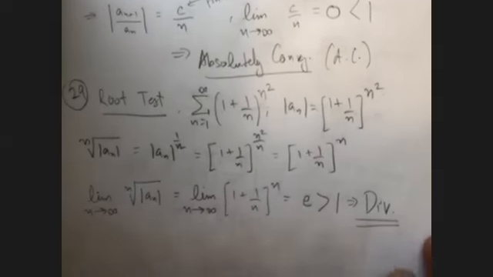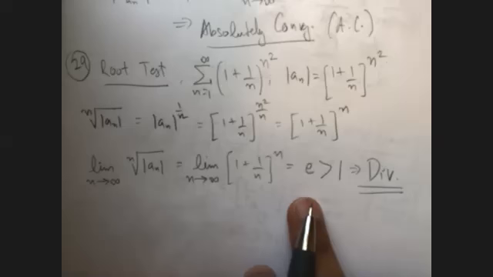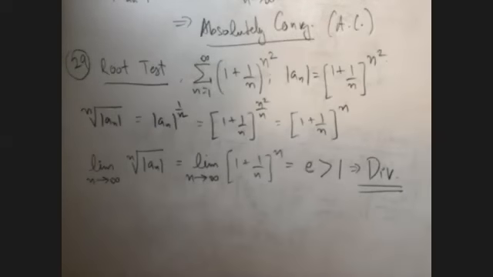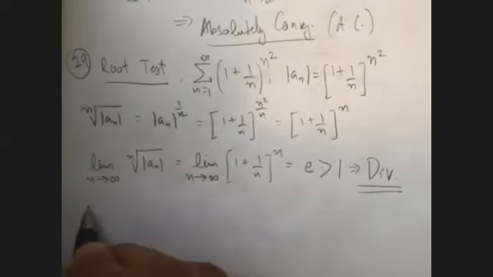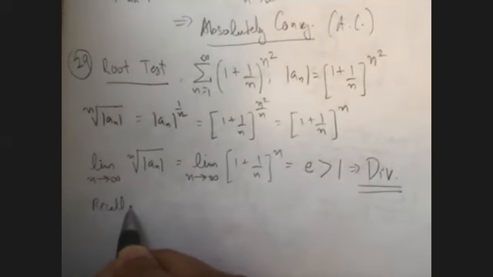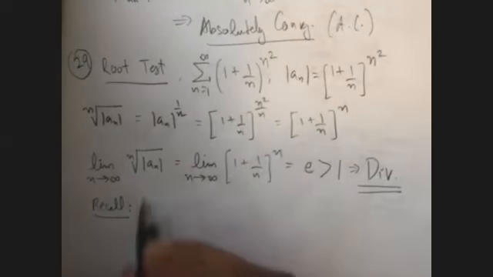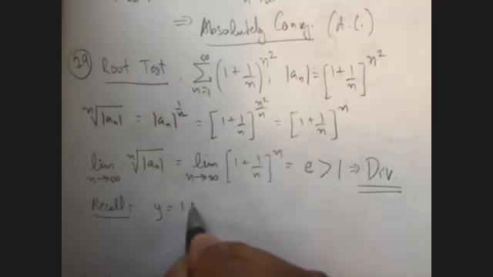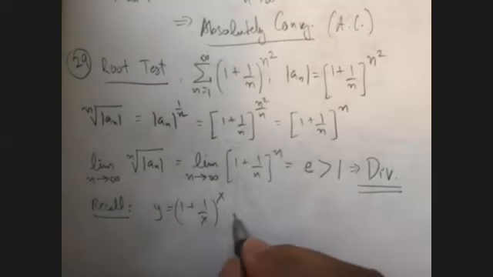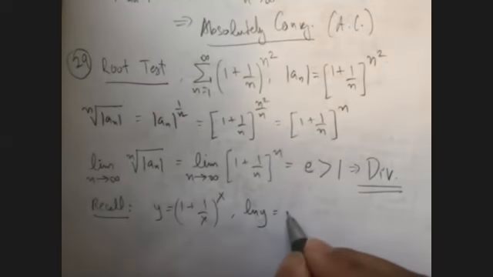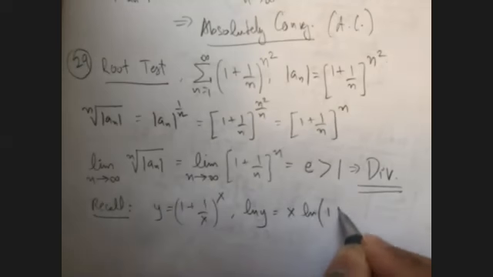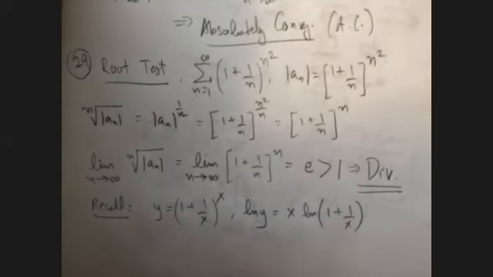So let's see how we compute this limit. If you recall how to do it, we let y as... then we take ln of y, which gives us... we take the limit of ln of y.